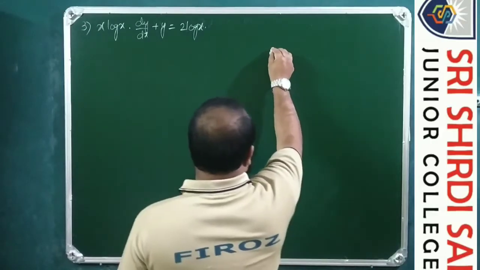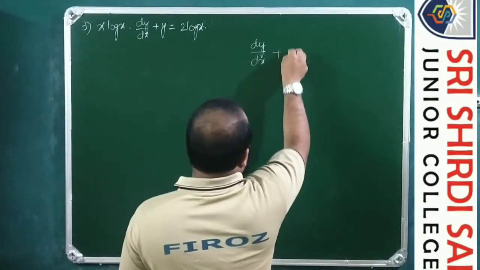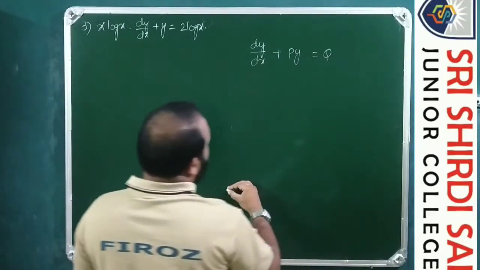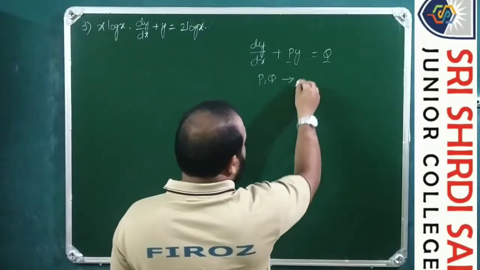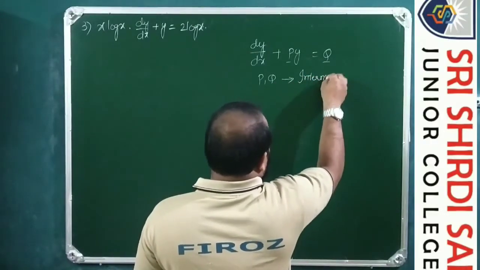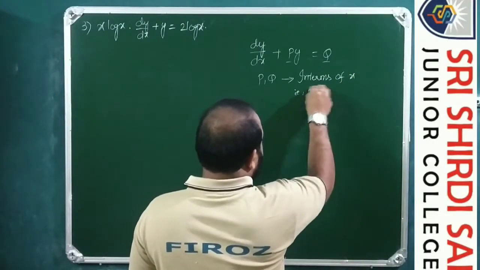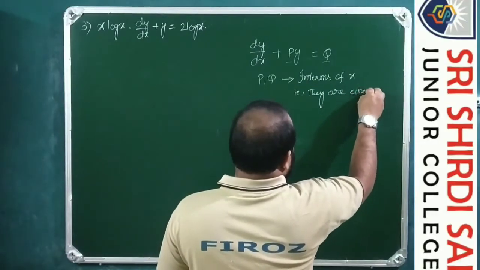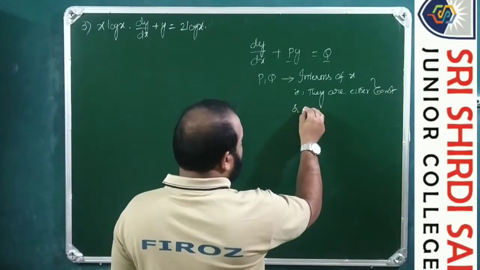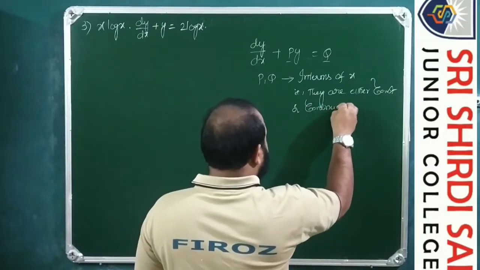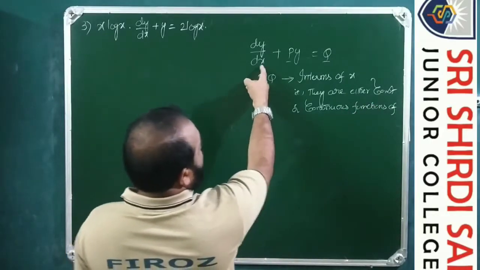And I'm telling you, the linear differential equation can be one of these two forms: dy by dx plus py equals to q, where p comma q are in terms of x, that is, they are either constants or continuous functions of the independent variable x.